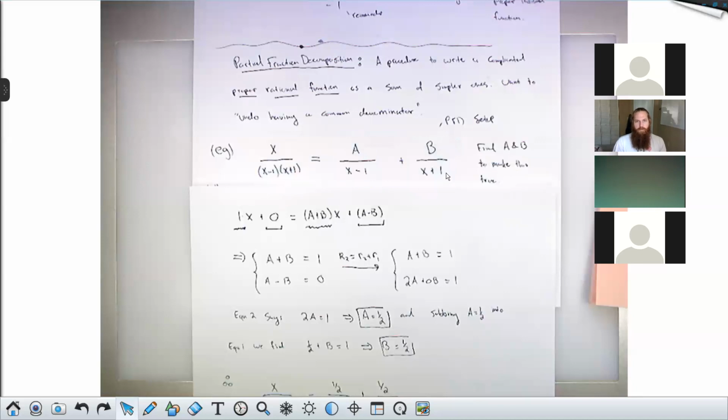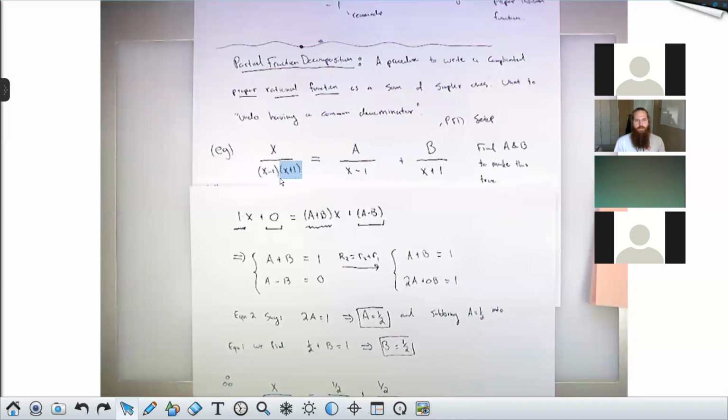The PFD setup is the all-important jumping off point. If you get this setup wrong, then the problem is hopeless. If you don't know how to set up the PFD, then the problem is hopeless. So the next thing I want to do is give you a PFD Bible, like the trig sub Bible, right? If you see this, then you do this. This was a relatively simple problem because this is a relatively simple denominator.